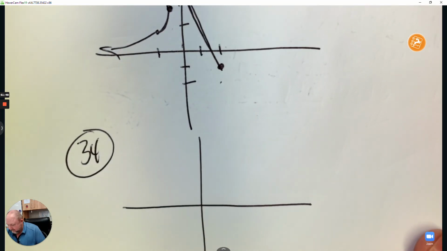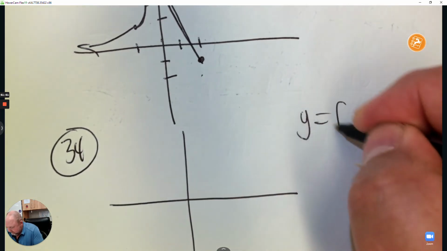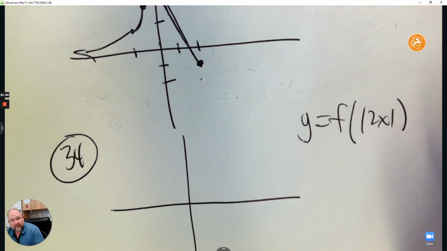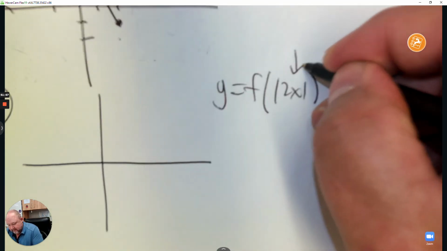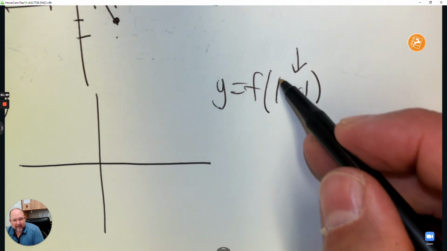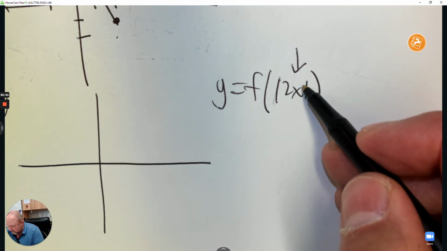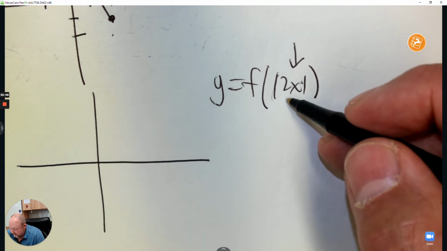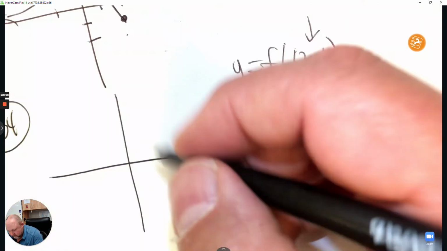Keep thinking here with me. All right, so this is affecting the x. So when the absolute value is on the inside, you only graph the right side. And then divide every x coordinate by 2.